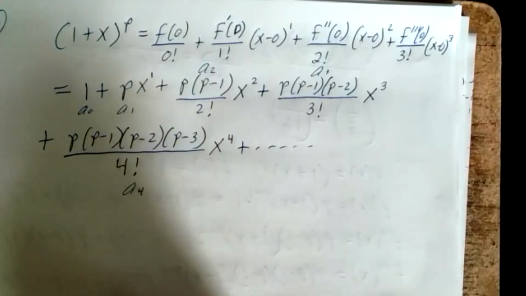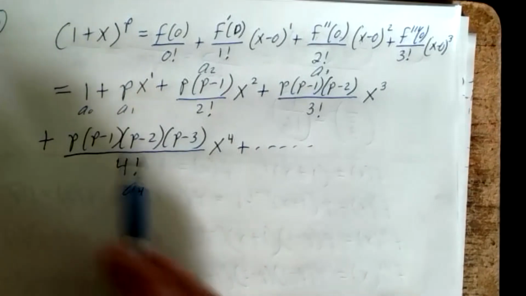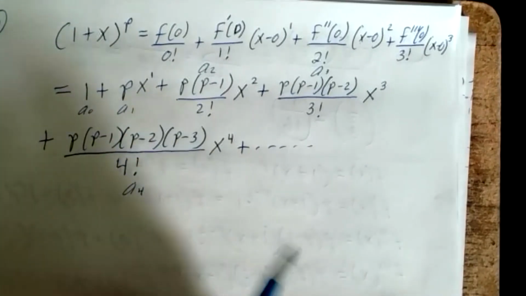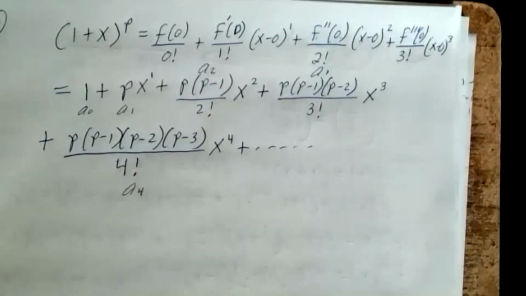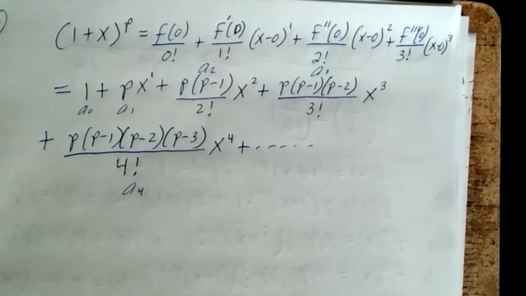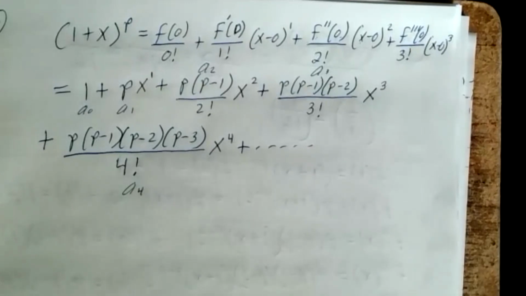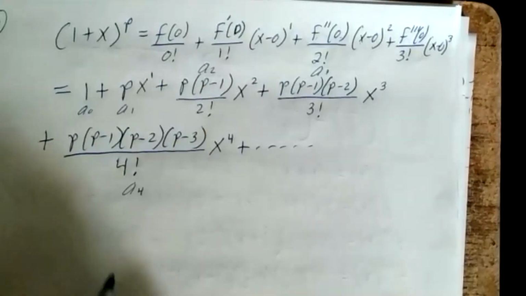So how do we show our factors of p here, because we keep adding a factor of p? All right, I'm going to leave this like this for now.